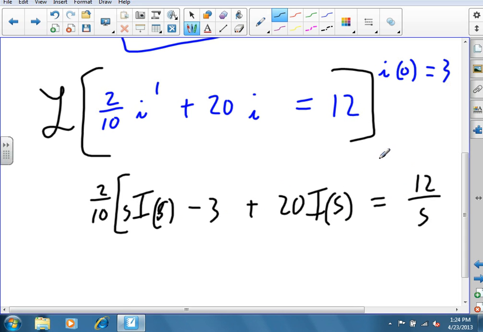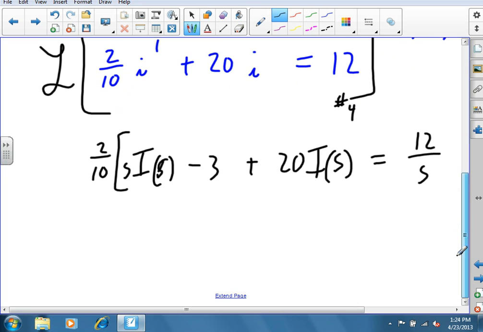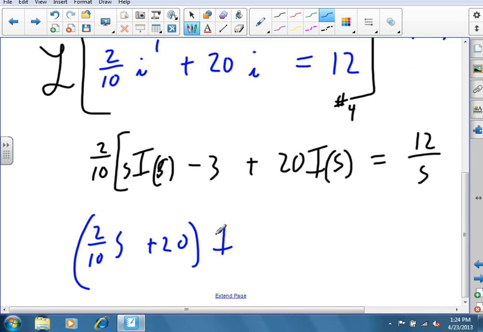Now you probably forget that 12 over S, but that is number 4 on our Laplace transform table, and you can't forget the S. Well, you could forget the S, but if you did, you'd be hosed. Alright, so I've got 2 tenths S plus 20 times I of S is equal to 12 over S plus 6 over 10.